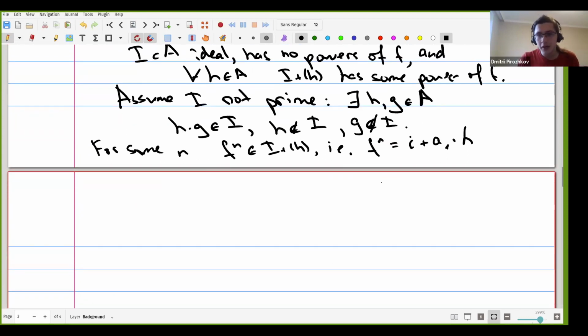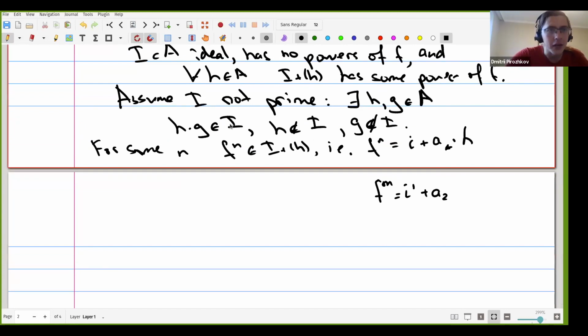Sorry, this should not be a1, this should be just a. And similarly, f to some power m is equal to I prime plus a prime times g.